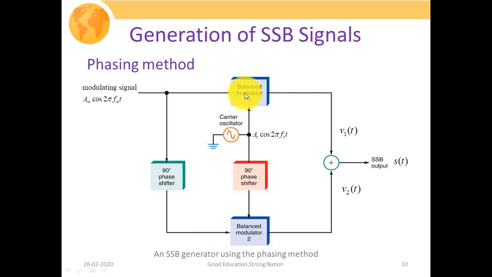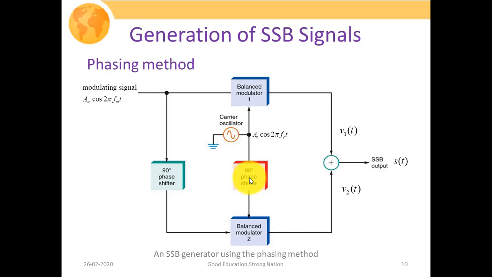One input to the balance modulator is our message signal, or modulating signal, given as Am cos of 2 pi fm t, and the second input is Ac cos of 2 pi fc t. Basically, we are applying the same carrier frequency to both balance modulators, but the second balance modulator has the same frequency with a 90-degree phase shifter.